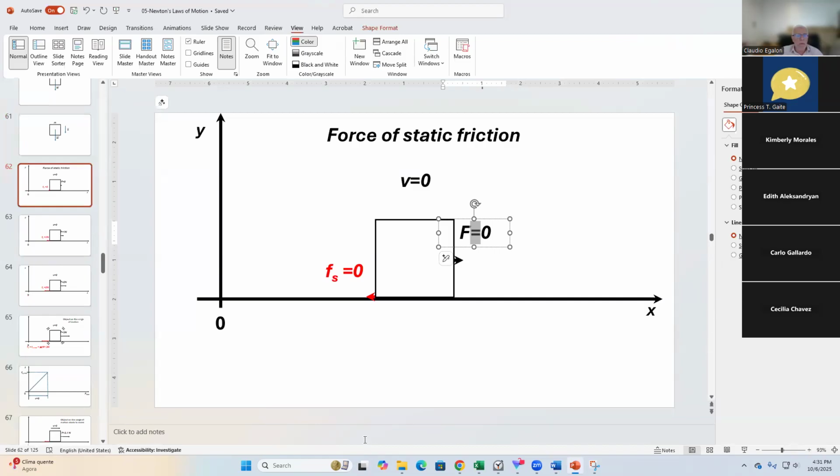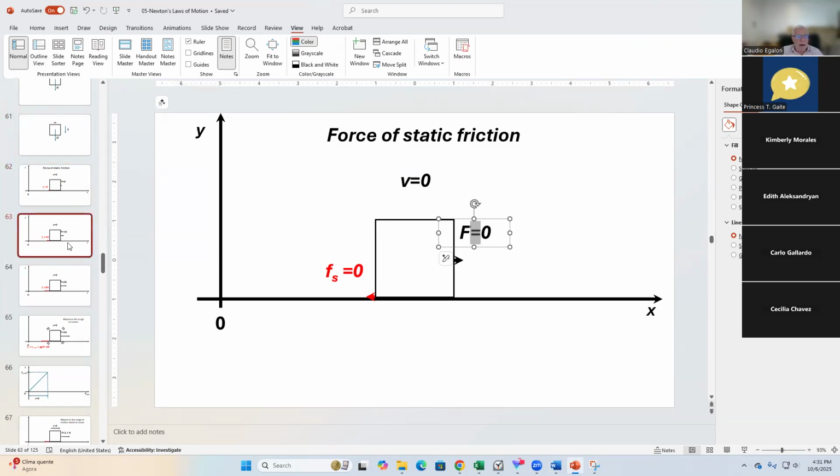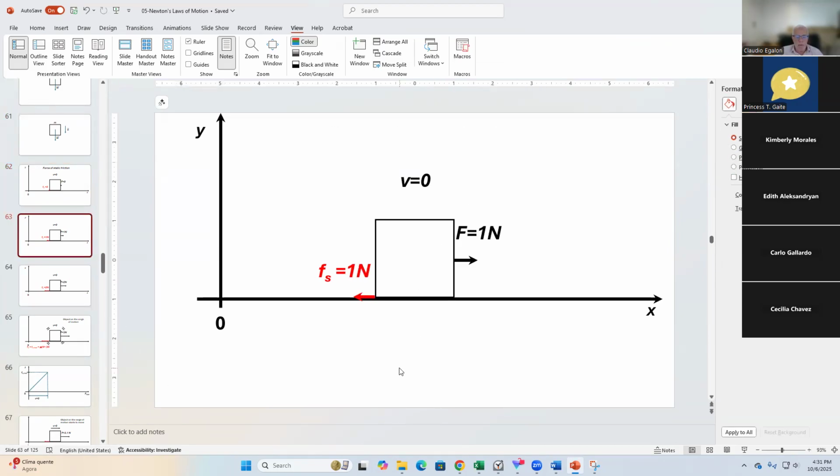The applied force is 0, which means the force of static friction must be 0 as well. However, if you start increasing this applied force and the object still does not move, the force of static friction increased as well by the same amount in the opposite direction.